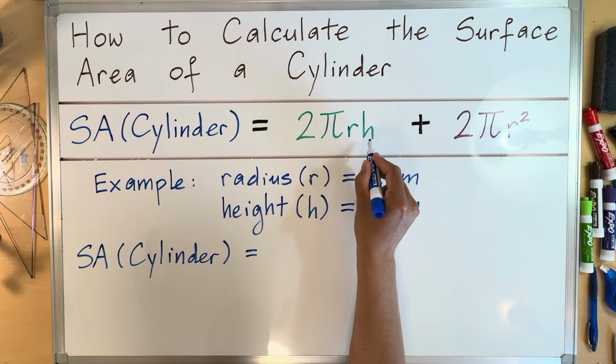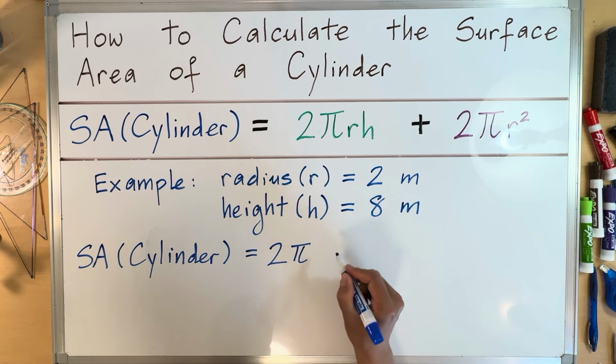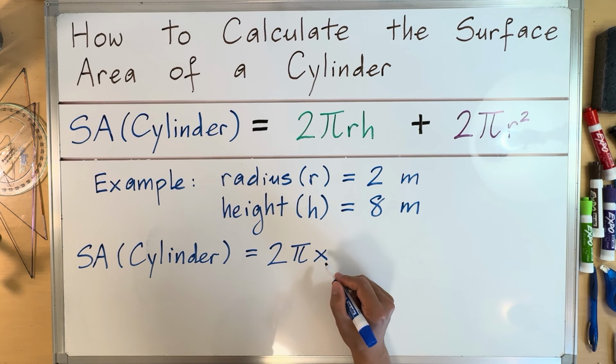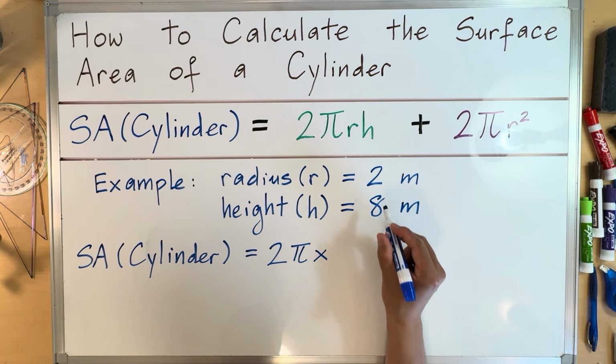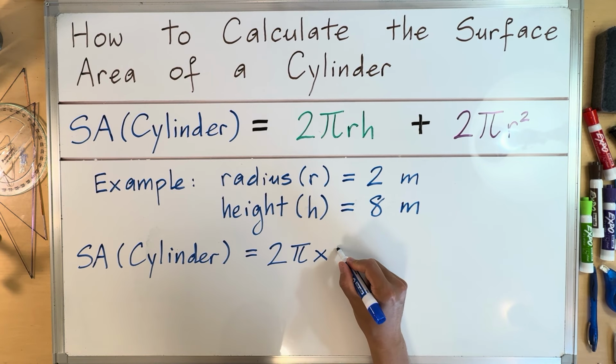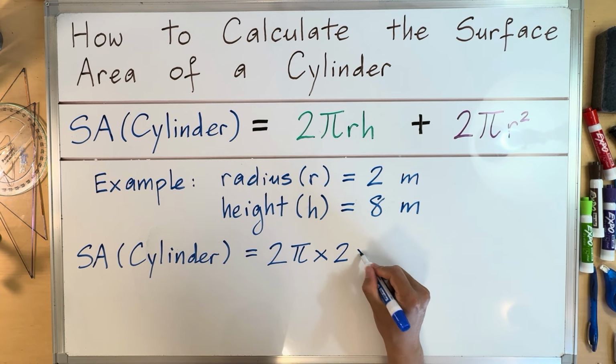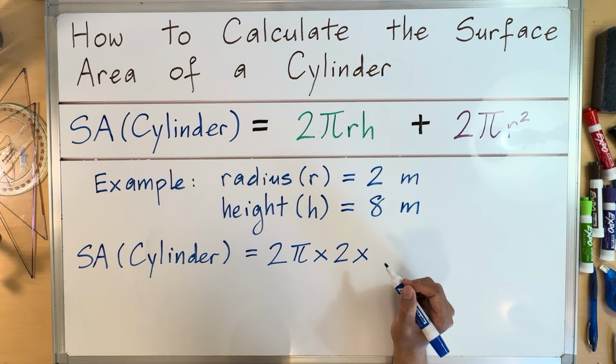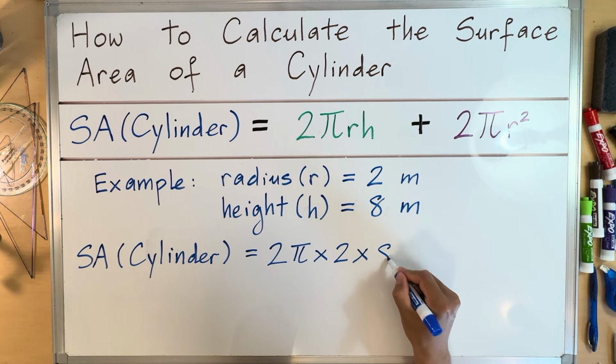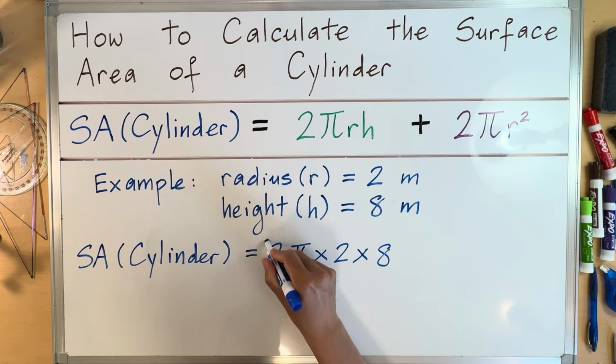So 2 times pi times the radius of the cylinder, which is given as 2 meters long, times the height of the cylinder, which is given as 8 meters long, all in brackets.